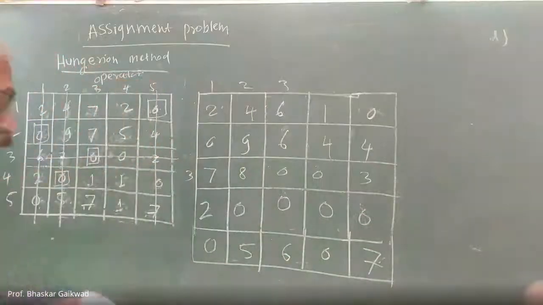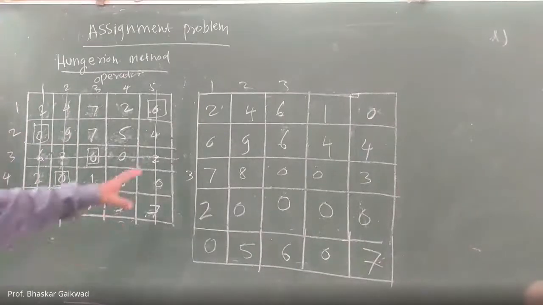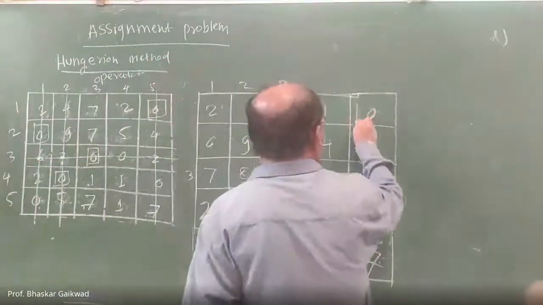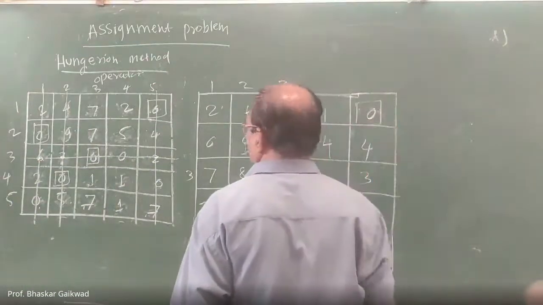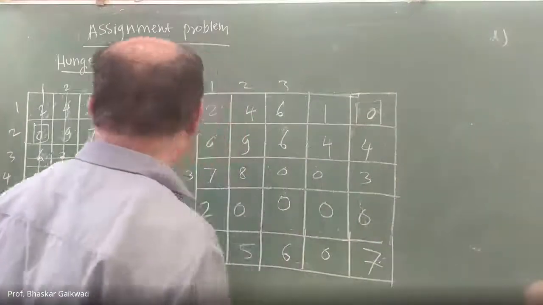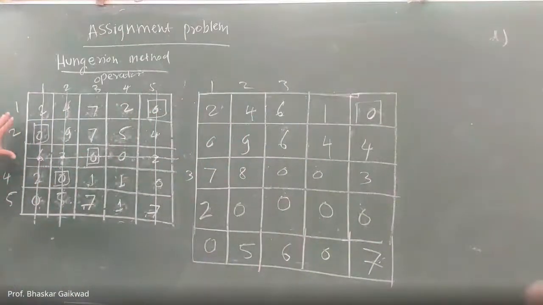Now again you have to go for row and column scanning. Initially 0 you have to take. Now how to take this?